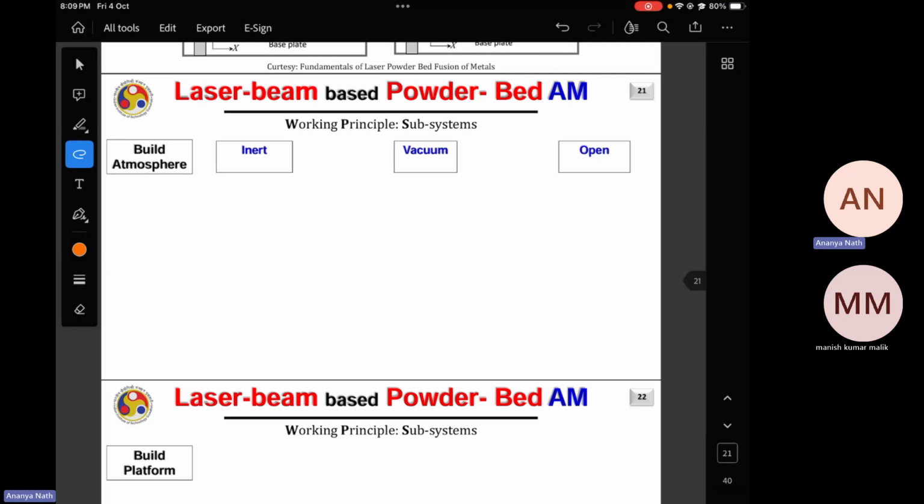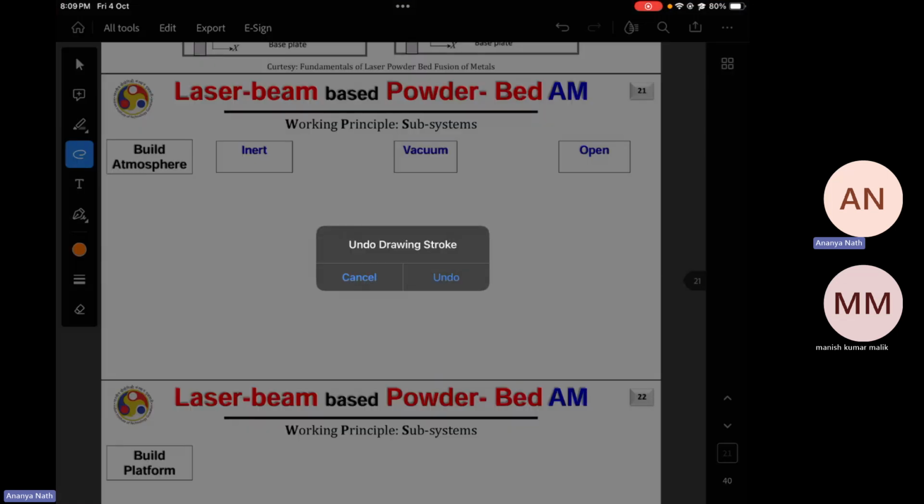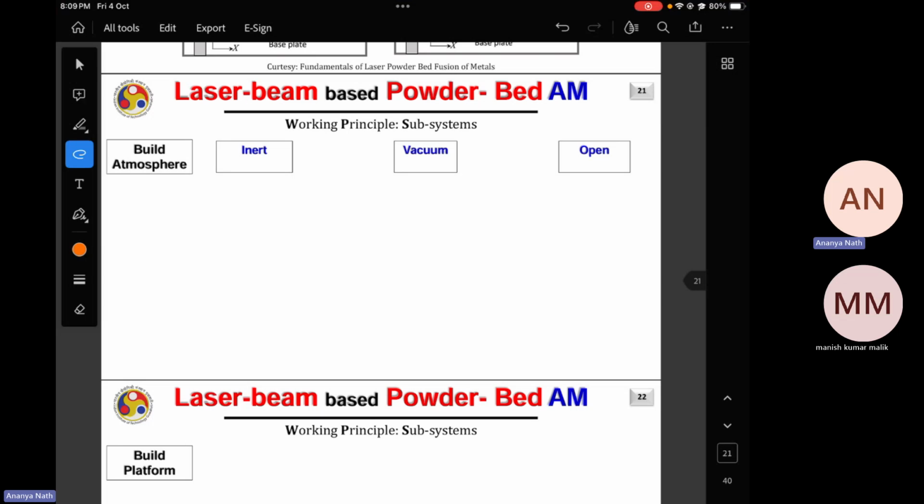But for the actual scenario, we go for the inert one, because in case of vacuum, it's very difficult to produce vacuum in a large chamber where you have to have a container for the collector. You have a container to store the powder. You have a build plate, you have a recoating system, and making vacuum there is quite a difficult task.